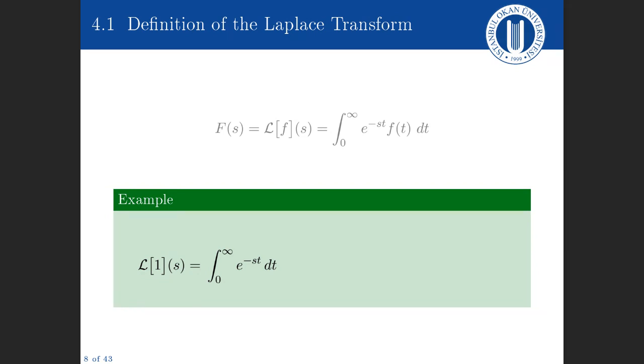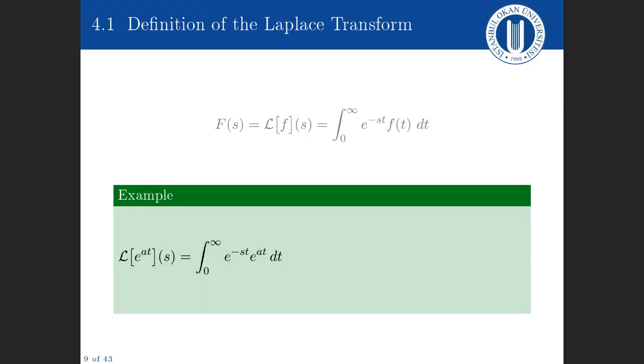And this is a type of integral that we've already done today. We did this on slide 2 or slide 3. Look back if you need to, or go through the calculation here. This is equal to 1 over s, and this is defined as long as s is strictly greater than 0.